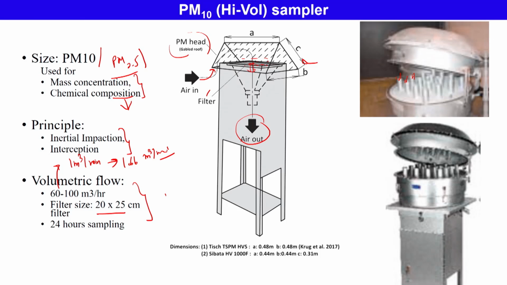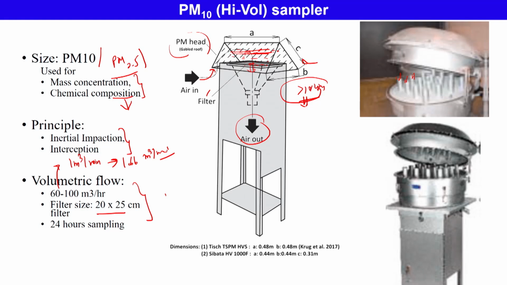For example, if you want to collect PM10, but the air contains particles of more than 10 micron also, then before the air comes here, there will be a grease medium and substrate.